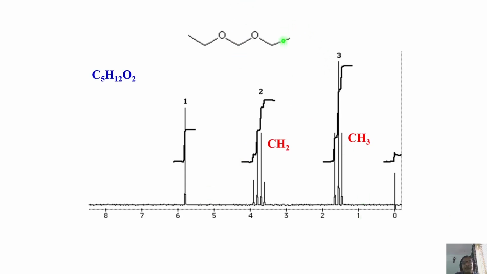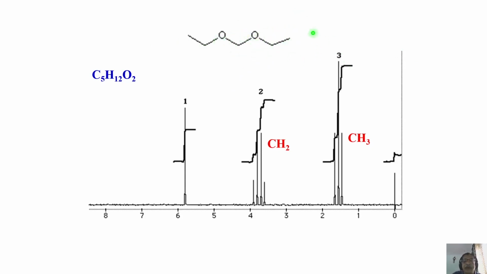So this is a CH3 group, this is a CH3 group, this is CH2, this is CH2, and this is CH2. Now, this CH3 is a terminal CH3. This and this are identical. There is a chemical equivalence because of symmetry. So essentially, the molecule has only 3 groups of protons: 1, 2, and 3. That's all.